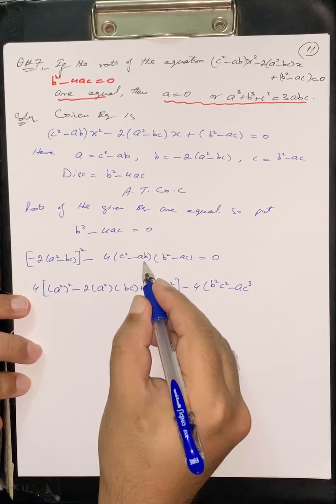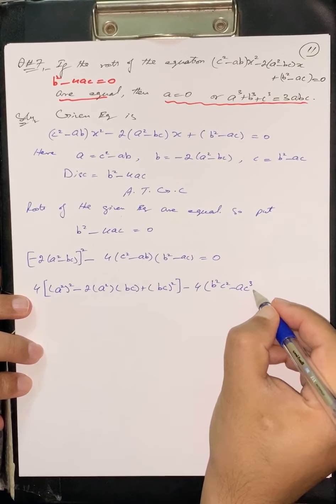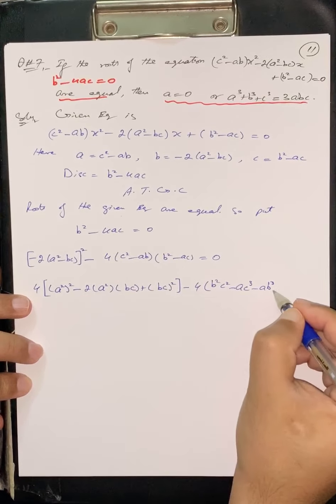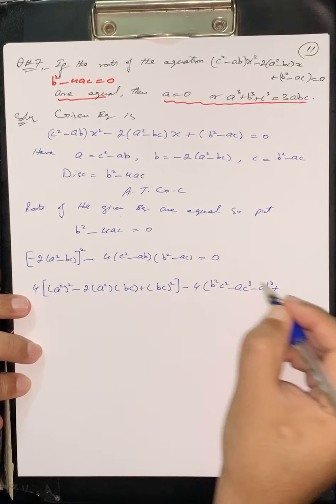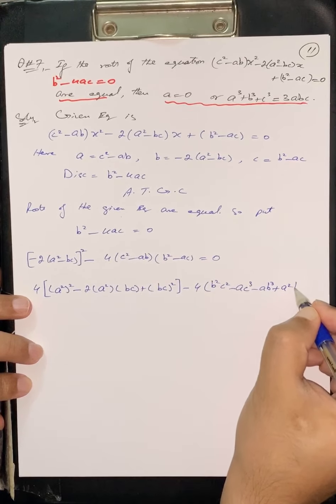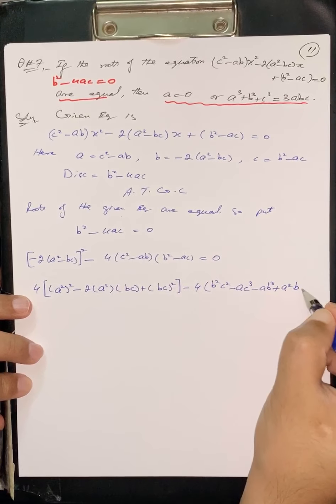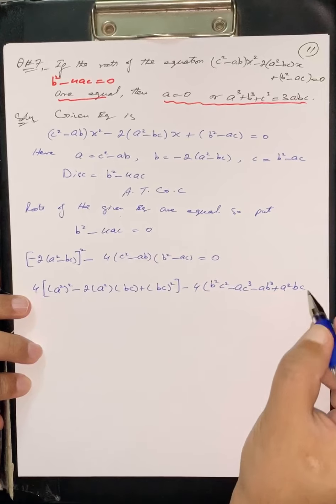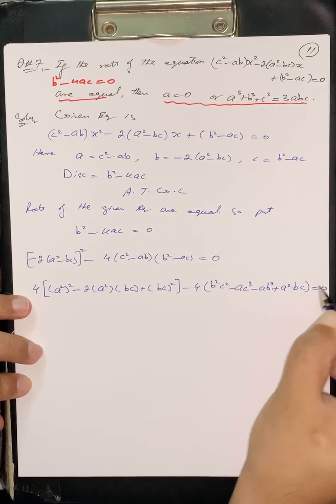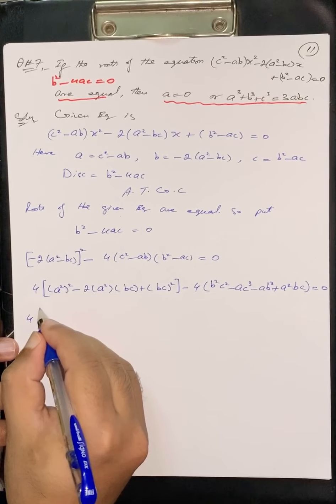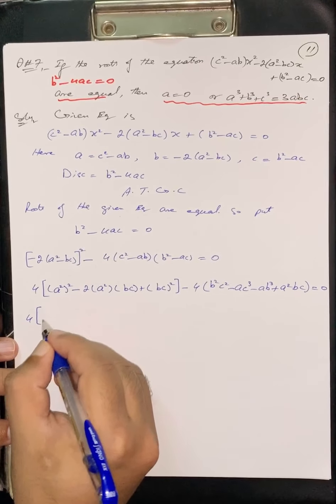Now minus ab multiplied with b square gives minus ab cube. Minus minus plus: a multiplied with a gives a square. There is no b, write b the same. There is no c, write c the same. So it gives a square bc, equals to 0. Now from these two we take 4 common. Then inside, what is left behind?